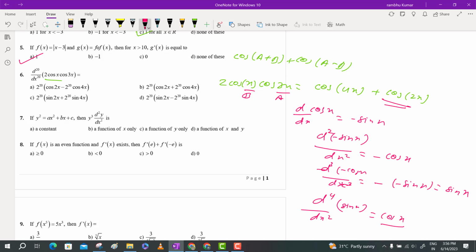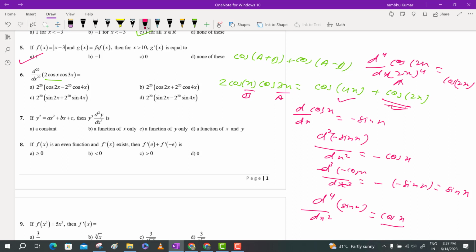Got it? So for this one also, cos 2x, d to the power 4 by dx to the power 4 of cos 2x is nothing but cos 2x only. So the fourth derivative of this one and the fourth derivative of this one is the same.